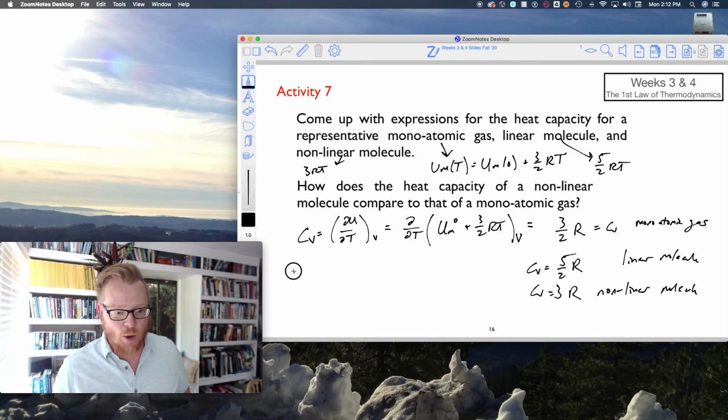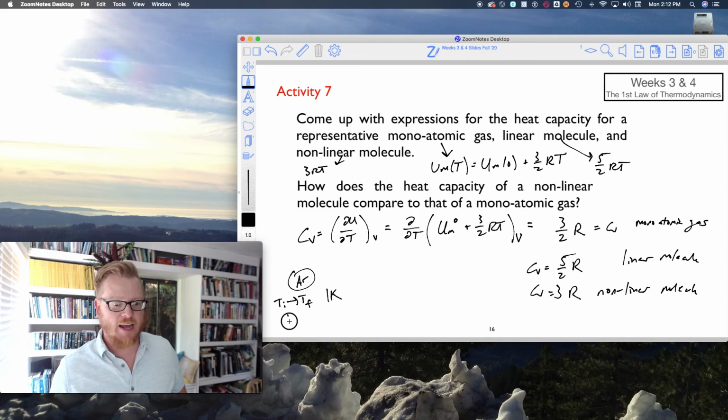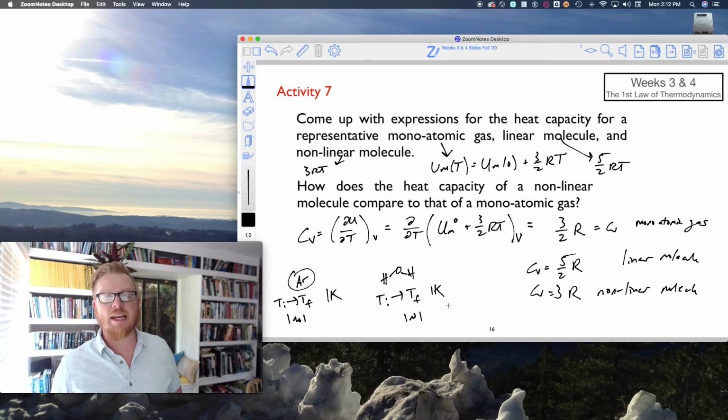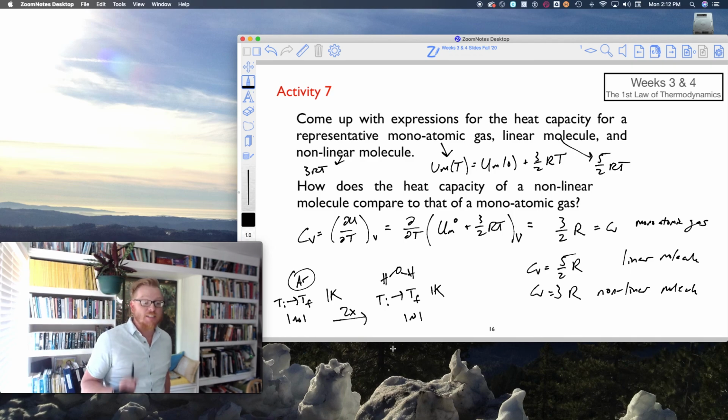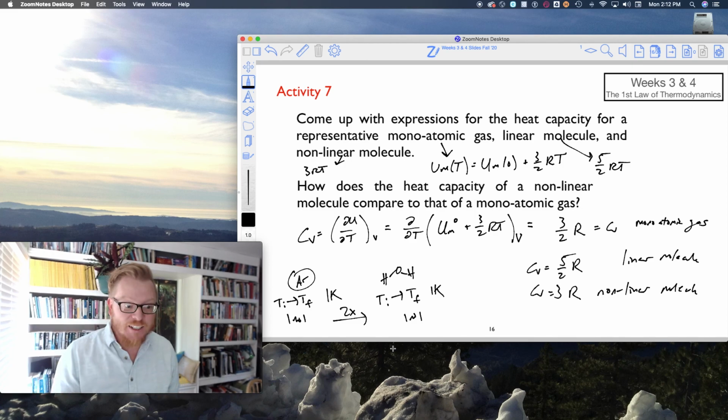So for example, suppose I want to heat up argon by 1 degree Kelvin, and let's say I have 1 mole, okay? To get the same situation for, let's say, water and steam, if I wanted to heat up 1 mole of steam by 1 degree Kelvin, 2 times the energy must be supplied for the water than for the argon because of the degrees of freedom.